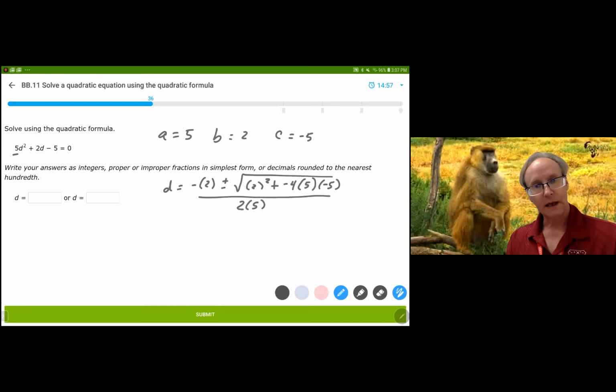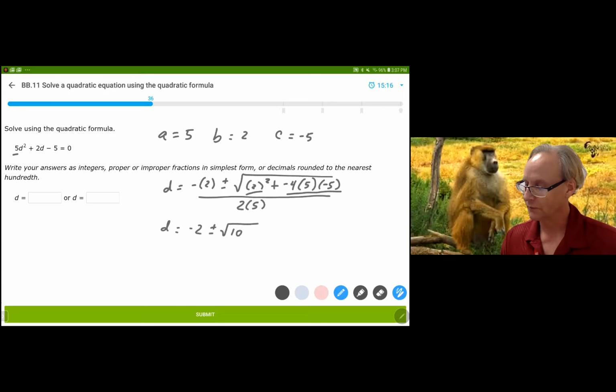Oh, okay, let's see. It looks like we're looking at 104 for our radical. This is positive 100, and there's the 4. So it looks like we end up with d is equal to negative 2 plus or minus the square root of 104 all over 10.